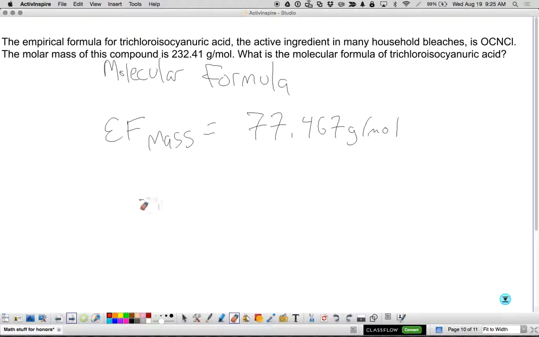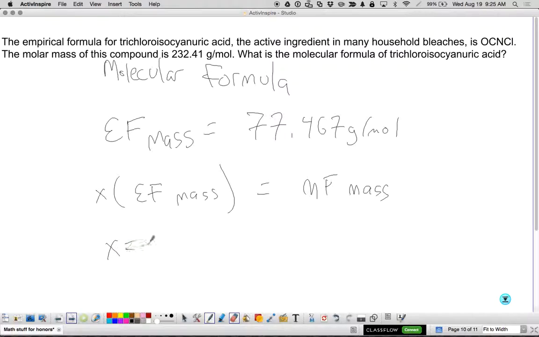Before we do that, I want you to get in the habit of solving equations for your unknown variable. So x times the empirical formula mass equals the molecular formula mass. And we need to find x so that we can convert our empirical formula to our molecular formula.